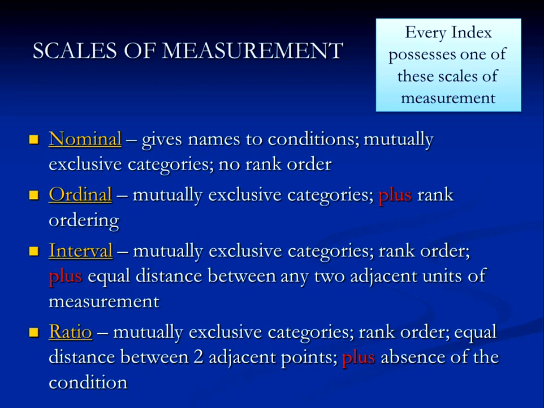In terms of interval, we have those mutually exclusive categories. We have the rank ordering. Now we're introducing those equal distances between each classification. So, for instance, temperature is a great example of interval. So we know that there is a 1 degree difference between 45 and 46 degrees.